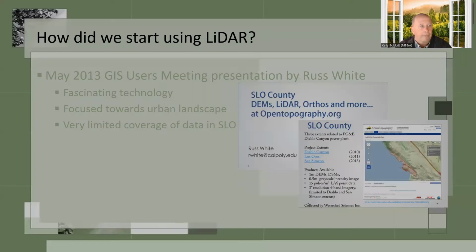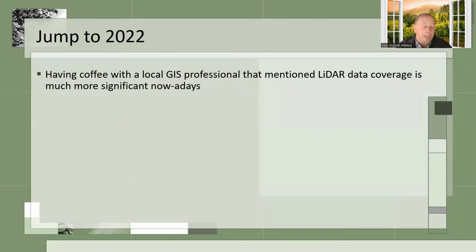And then just a couple months ago, I'm having coffee with a local GIS professional, and she mentioned that the LiDAR data coverage is much more significant nowadays. I had lost track. Through the pandemic, we didn't always have GIS user meetings. I just wasn't networking. And I'd completely lost track of what was going on with the LiDAR data.